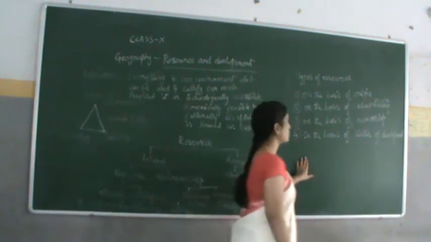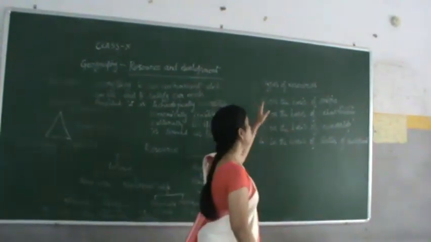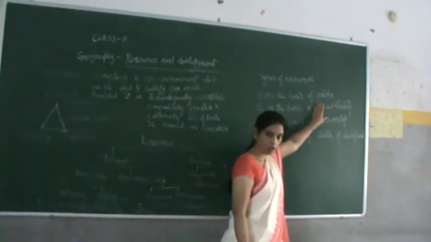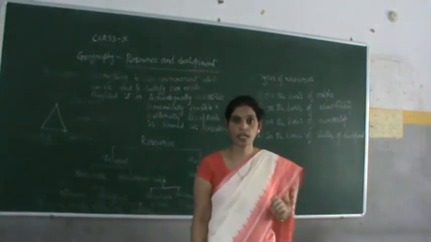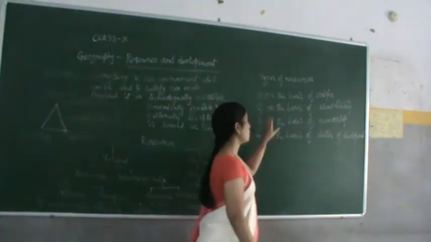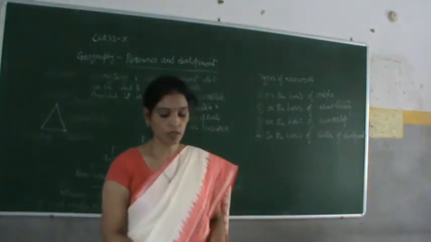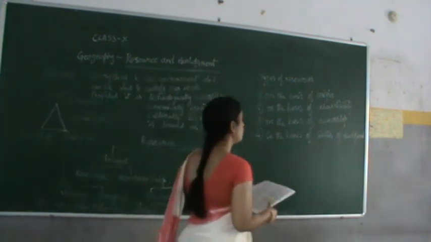Coming to the next concept, that is types of resources. We have 4 types of resources. Those are on the basis of their origin. They are classified into 2 types, that is biotic and abiotic resources. On the basis of their exhaustibility, they are classified into two types, those are renewables and non-renewables.